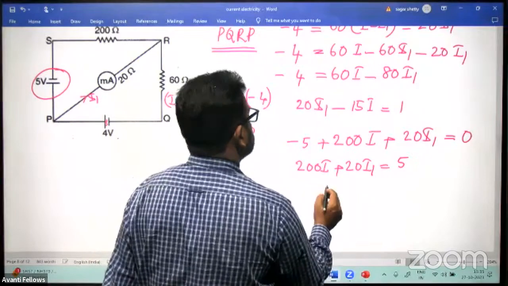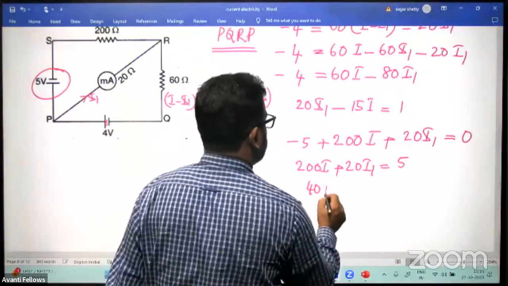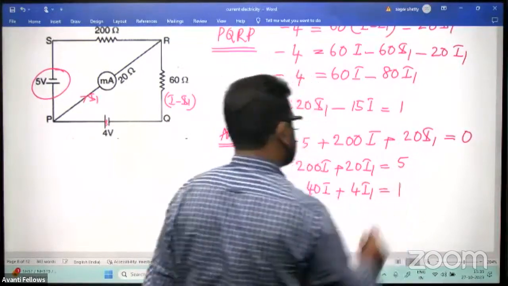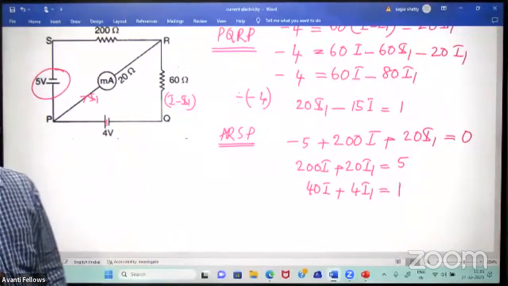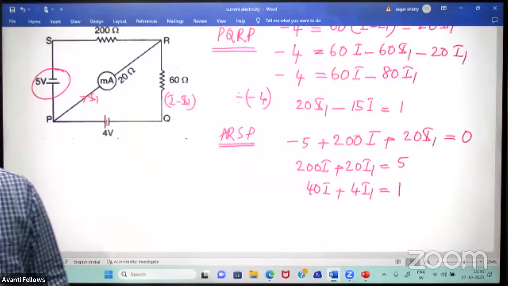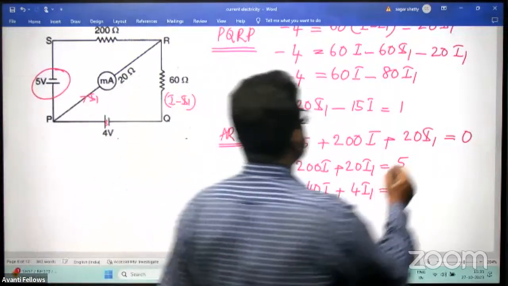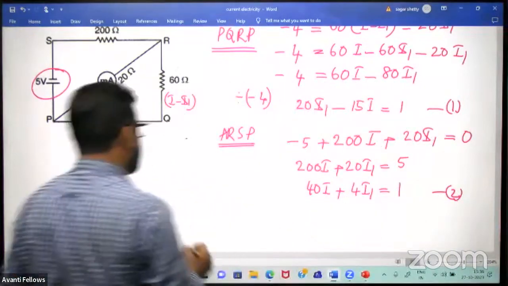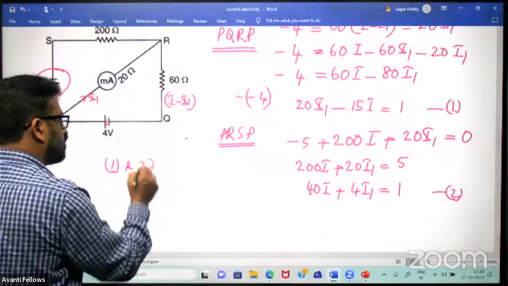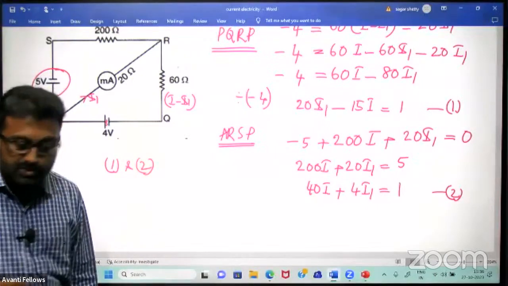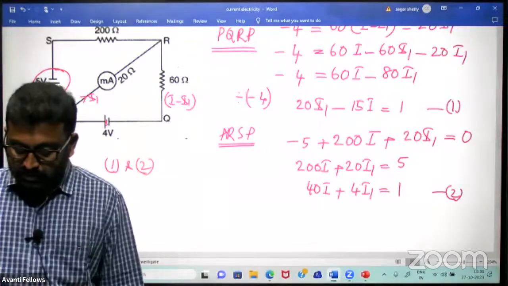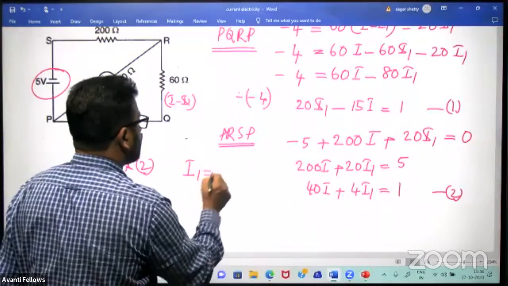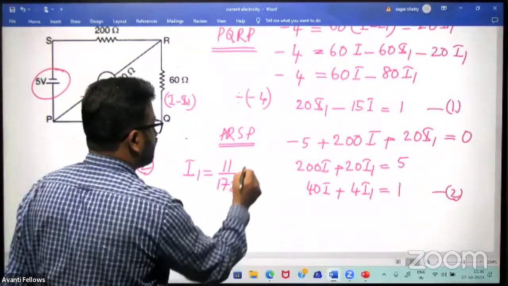Then we will get 40I plus 4 I1 equals 1. Let us consider this as equation 1 and this as equation 2. By solving equations 1 and 2, we will get the values of I and I1. I1 will be equal to 11 by 172 ampere.